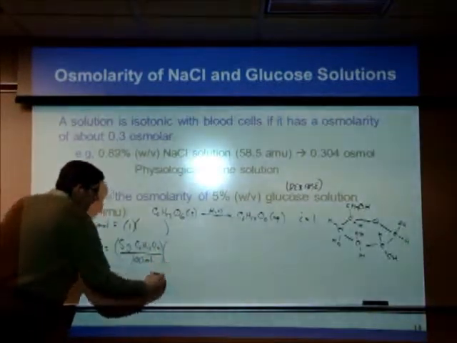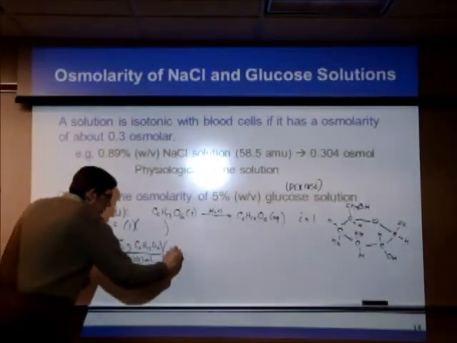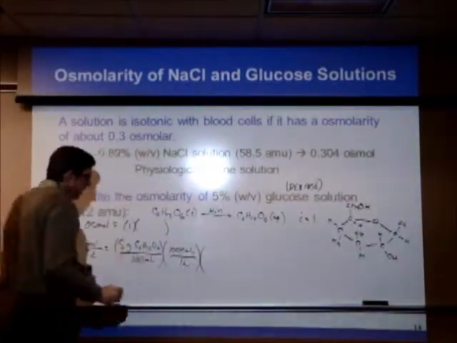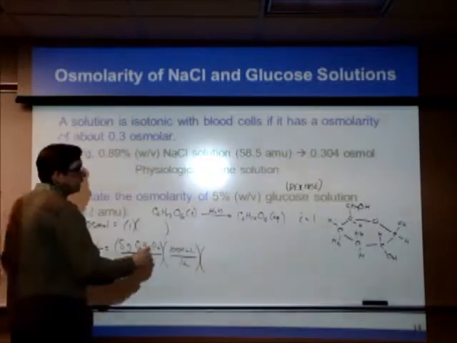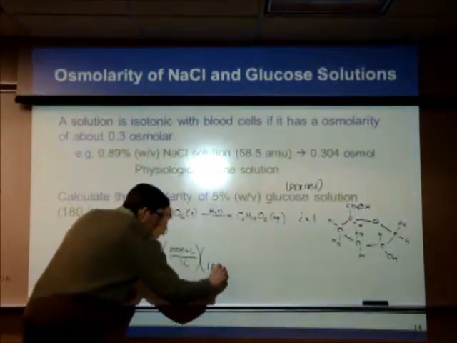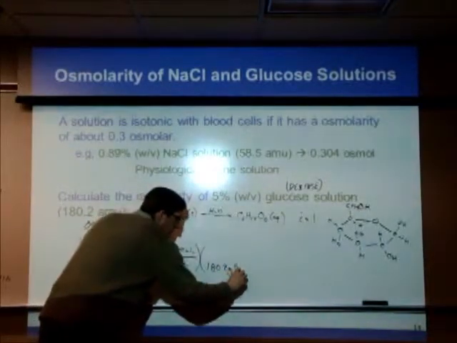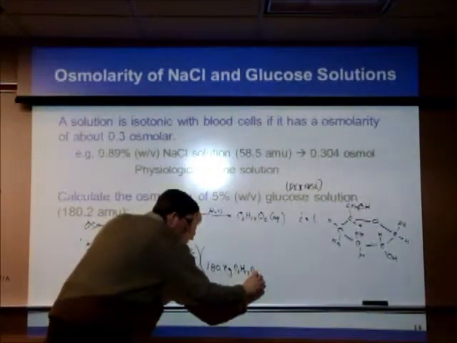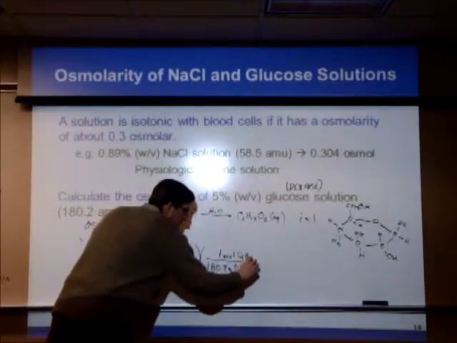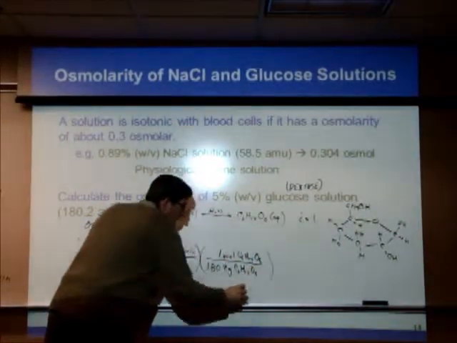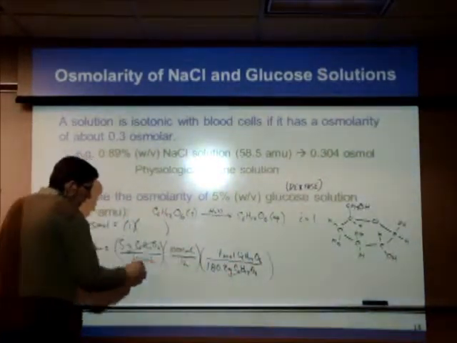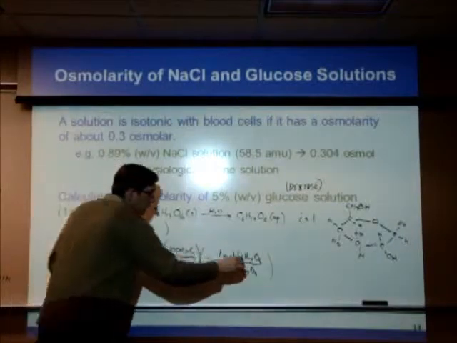Converting it to liters, 1,000 milliliters is 1 liter. And then we know that it's 180.2 grams of glucose per 1 mole of glucose. So grams cross out, milliliters cross out. I'm left with moles per liter.